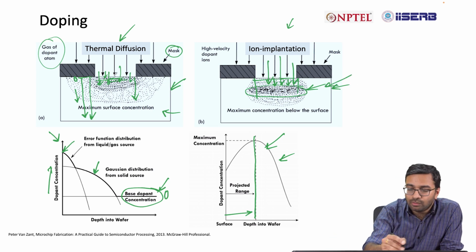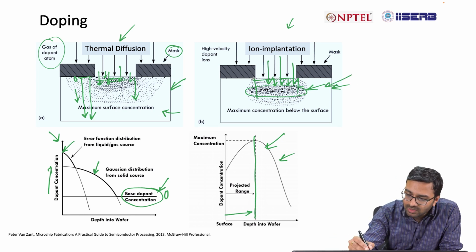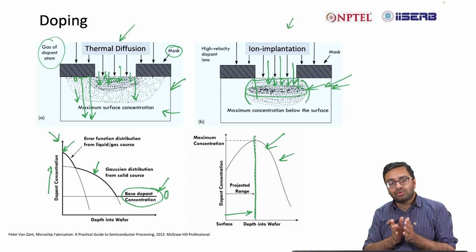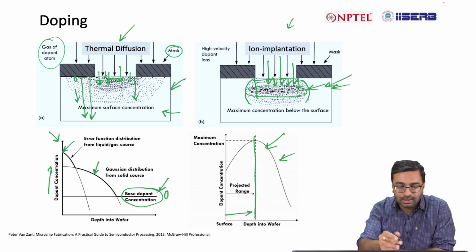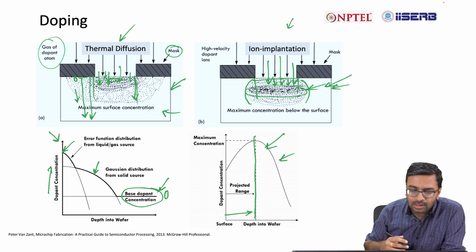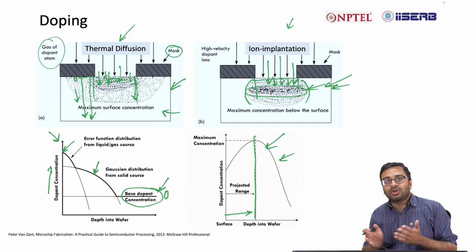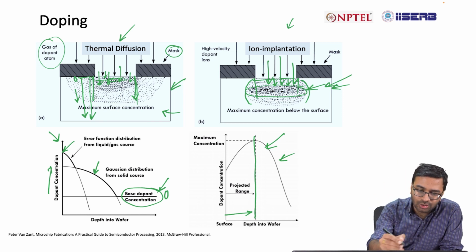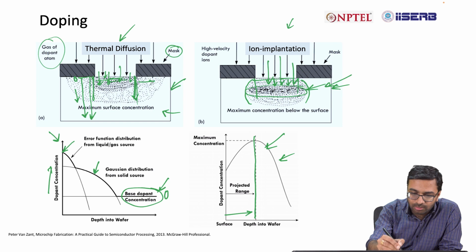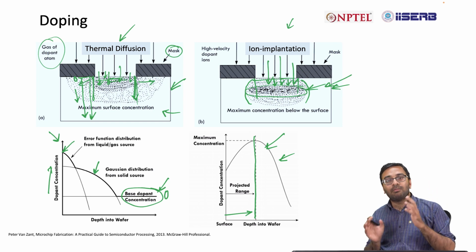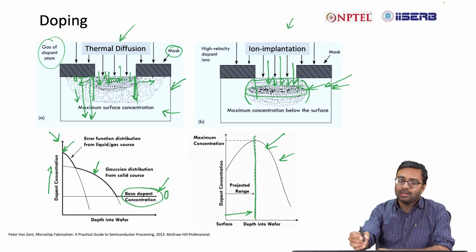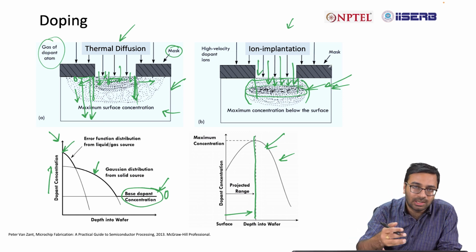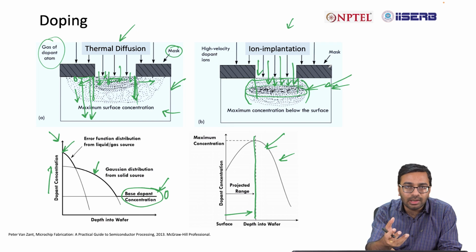But in case of diffusion or ion implantation, you'll find that a few atoms will also diffuse beyond that range because of the thermal process or implantation process. It's not like a very strict edge. There will be certain sort of distribution beneath the mask as well, but the major distribution will be where the opening is. So you also use a mask similar to your lithography technique or etching process.